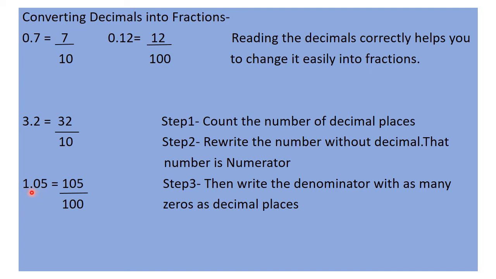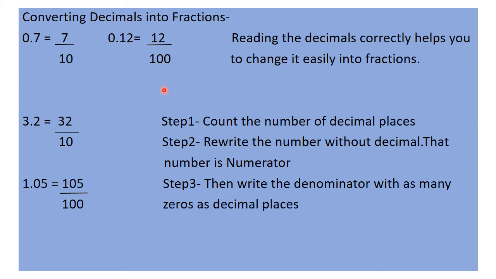You can write it as a mixed number also, and it's up to you, you can convert it further into an improper fraction. But this method would be really convenient for you. You don't have to write any other steps, you just have to look at the number and follow these 3 steps.